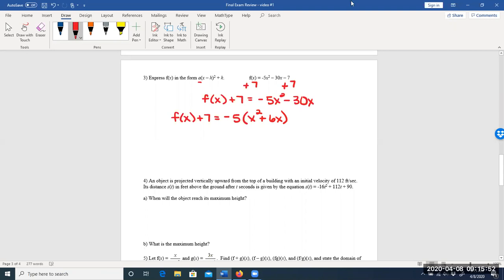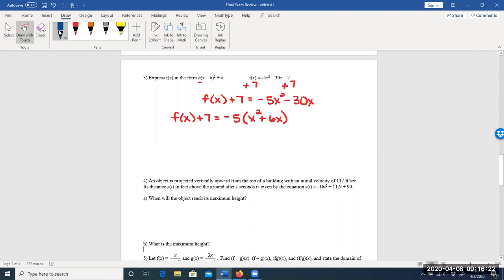Before I complete the square, I just want to mention that the second term was a negative 30x, but don't forget when you pull out a negative 5, it does change that to a positive 6x. Students sometimes will mess up that sign there, so just be careful.